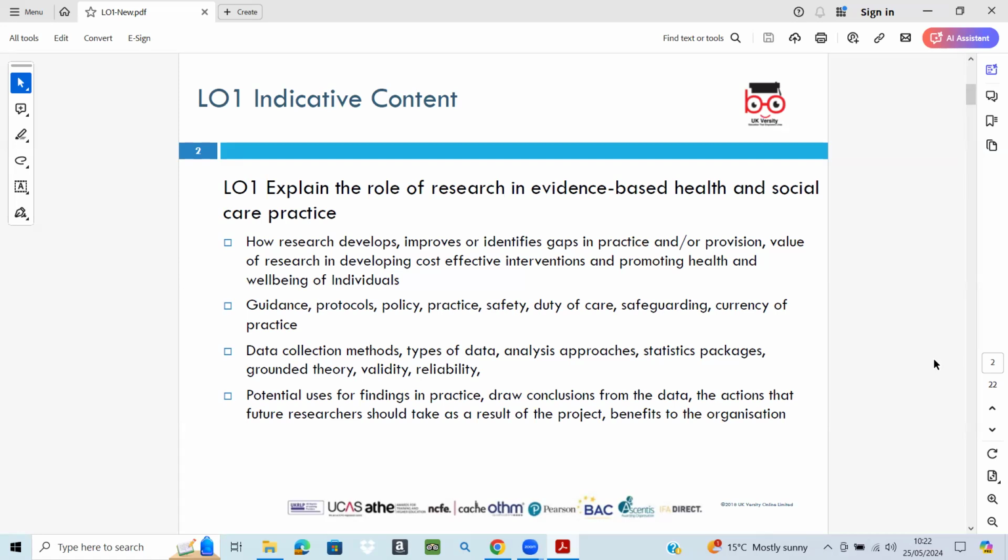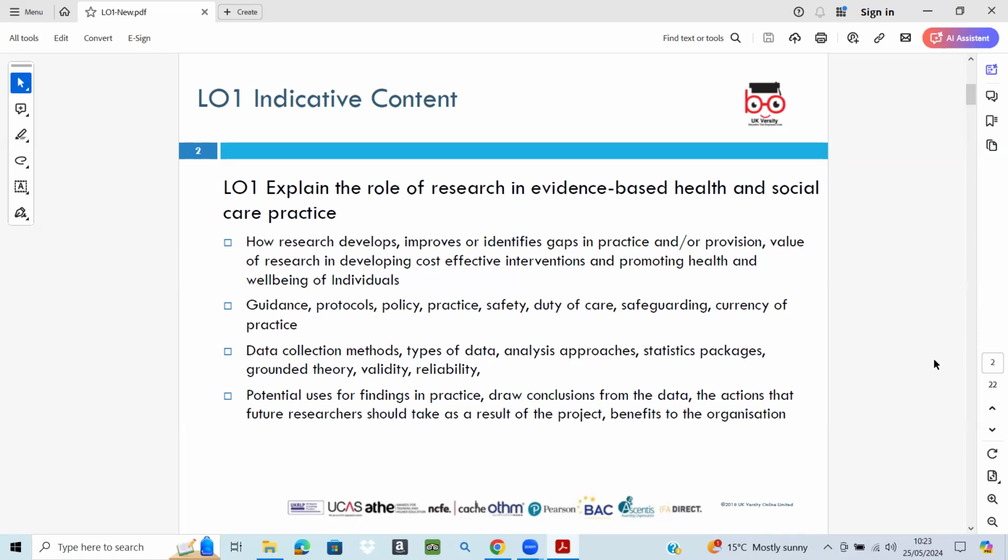Then if we discuss impact on practice, we can say that it means outlining how the findings can be incorporated into practice to benefit patients and organizations. And there are benefits to the organization as well. For example, it enhances practices and leads to improved patient outcomes and policy development.